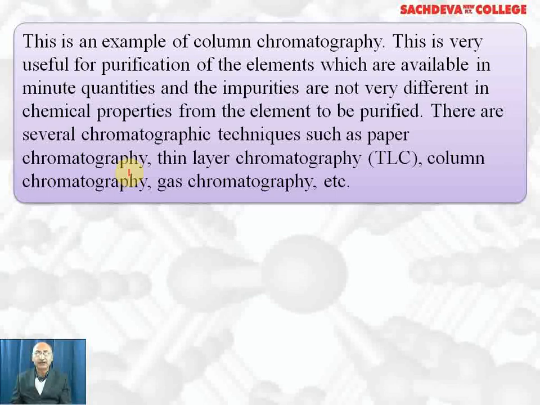Components like blue ink and red ink, or the components of chlorophyll, or the mixture of inks present in a sketch pen, can be separated by paper chromatography. Because different colors have different adsorbing power, they will travel different distances and can be separated.